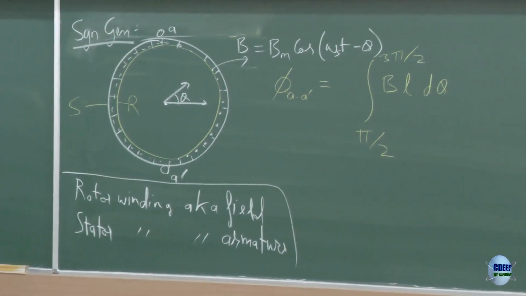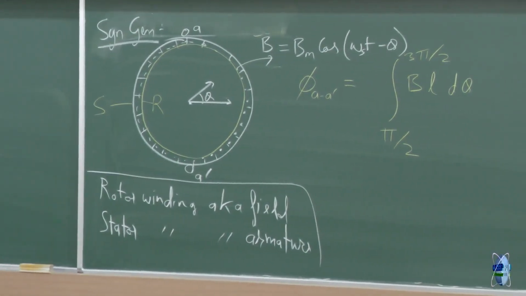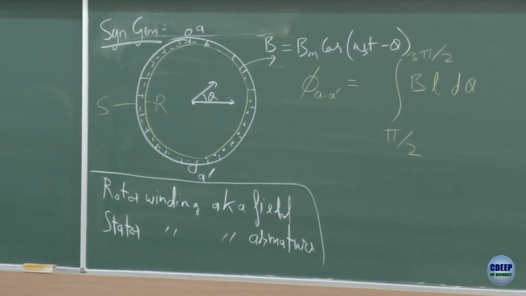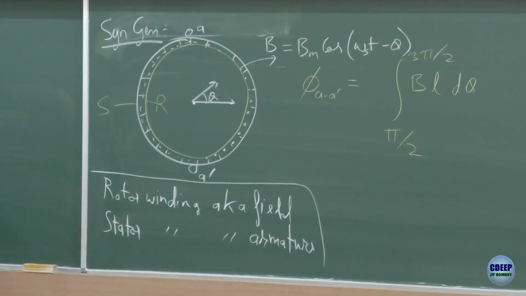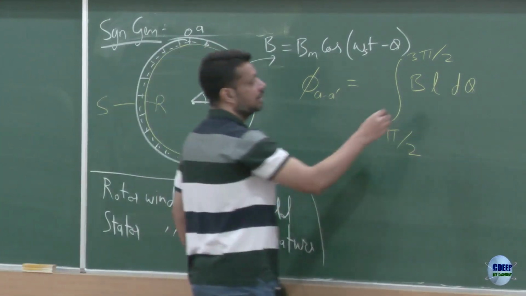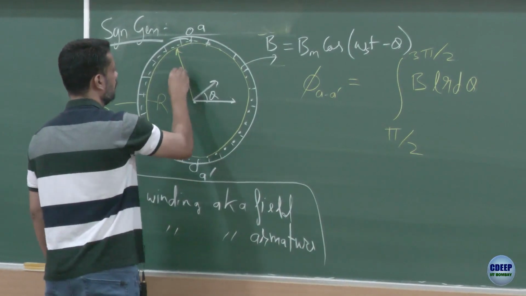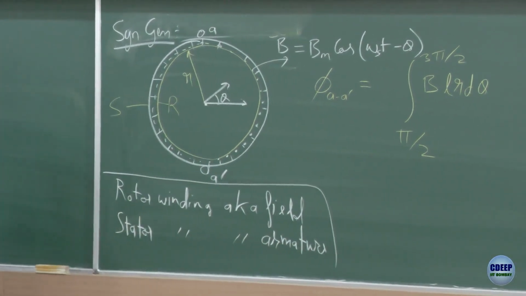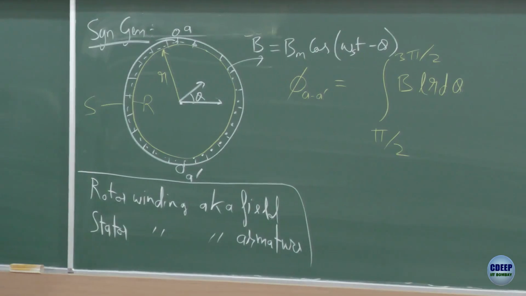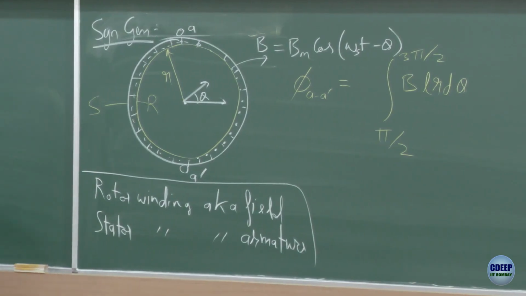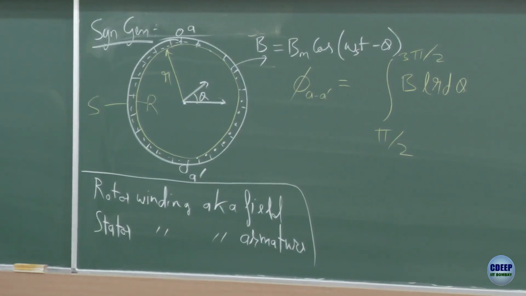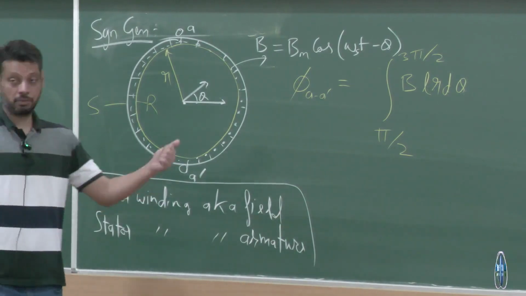L is in the set plane, it is the length of the motor. B is the flux density, and flux density multiplied by the surface area gives you the flux. There has to be a term for radius, which makes sense: R d theta times L is the surface area. Any doubt?